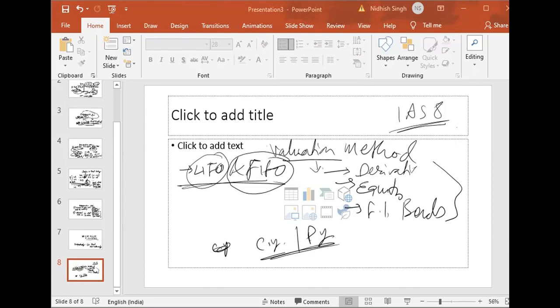Now, the other thing we missed as of now: prior period errors. So accounting policy and change in estimate we have talked about. There are certain changes which are required by force if we made any error in the previous years. And it could be an error or it could be because of a lack of information. If that happens, we need to make changes in the prior period.